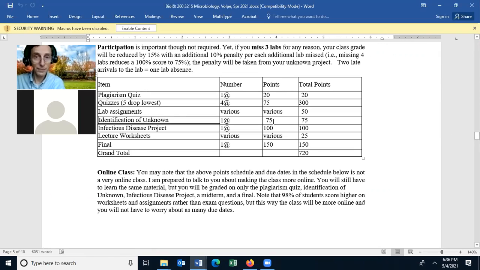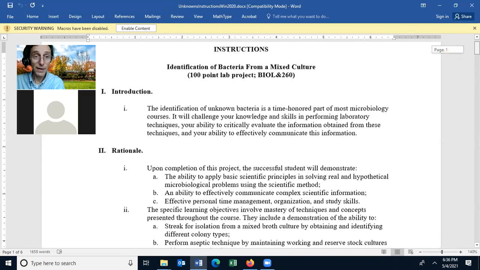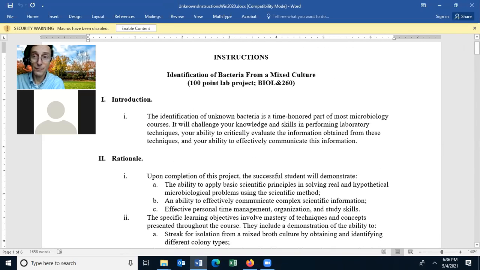Yeah, the identification of the unknown project is only worth 75 points. So I need to update this. This is an older version, something that goes back before COVID-19. Anyway, so there's the introduction and rationale for the project.